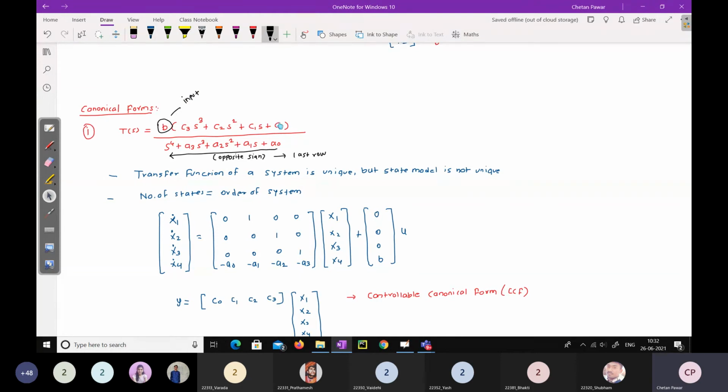But how to take the output? Traverse like this for this term and take the same sign, which will decide the output vector.